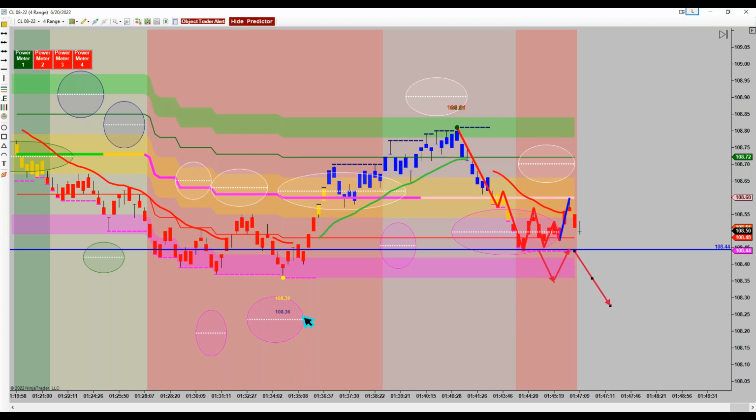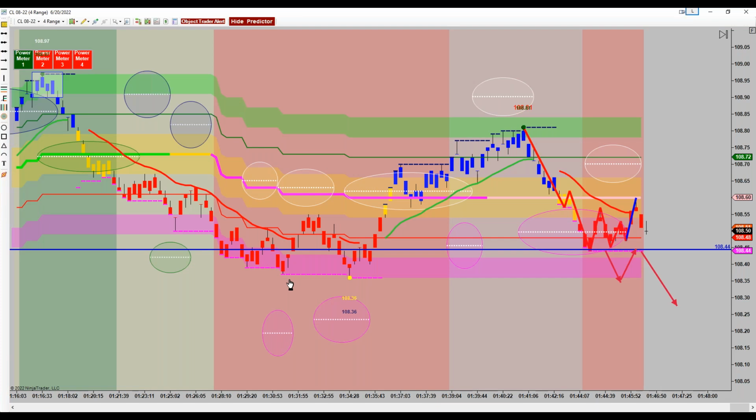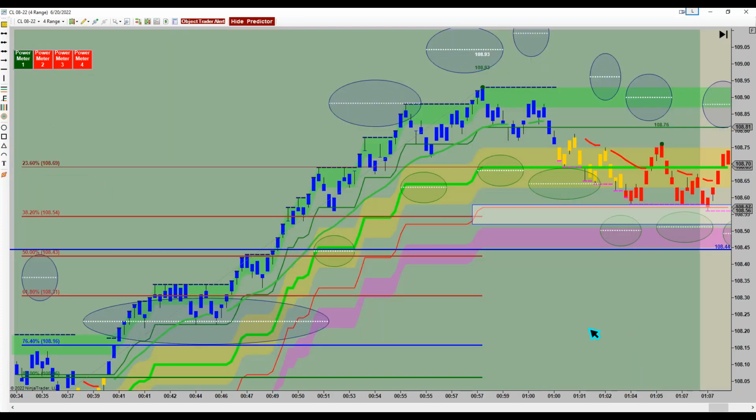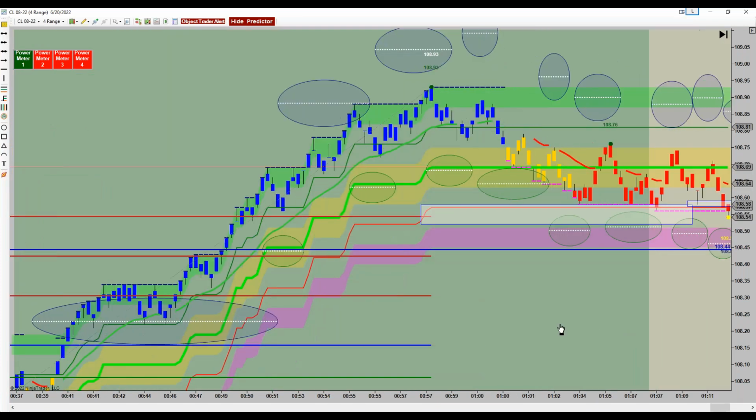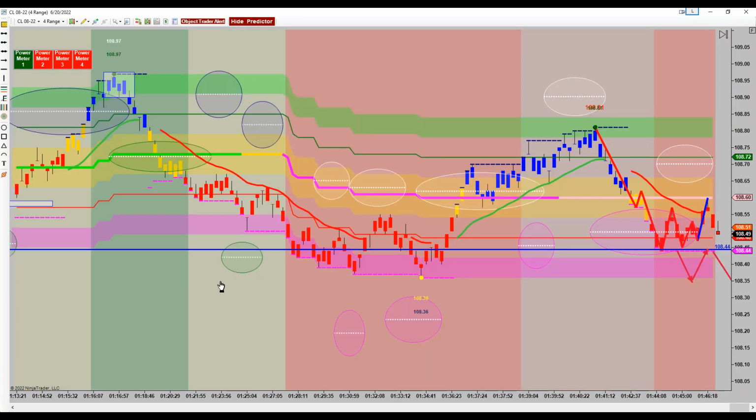Just like we did on this side over here when it was heading up like a big dog. Remember how we took these little swing areas like that? Same rule applies over here, but we got him way up here.